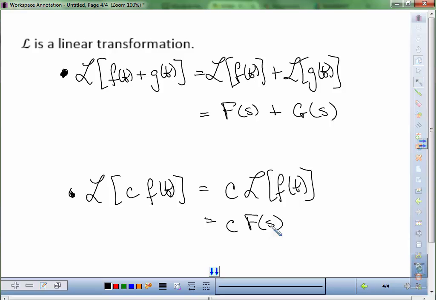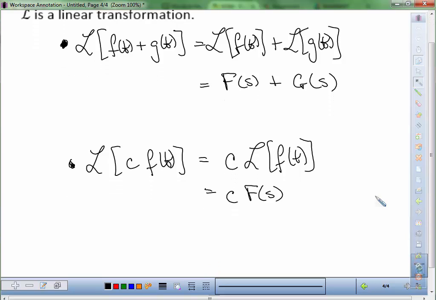So we can continue, and really it would make sense because the Laplace transform is defined by an integral, and the integral is a linear transformation. So when we do the Laplace transform, we should see it as a linear transformation.